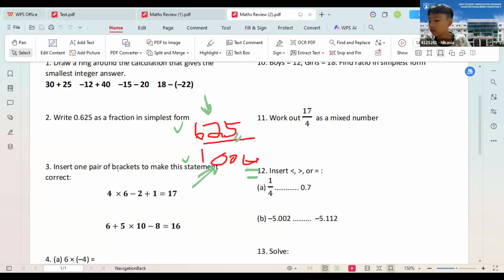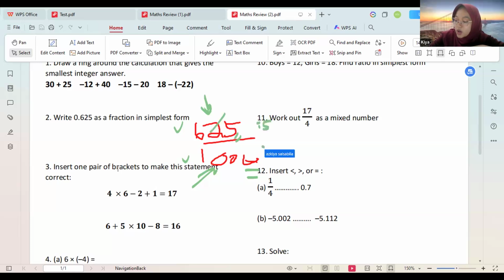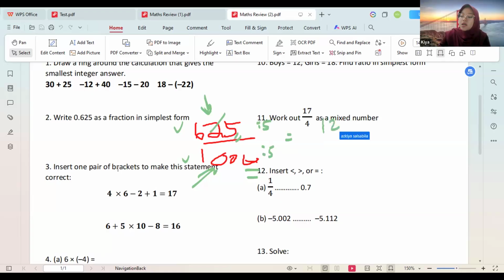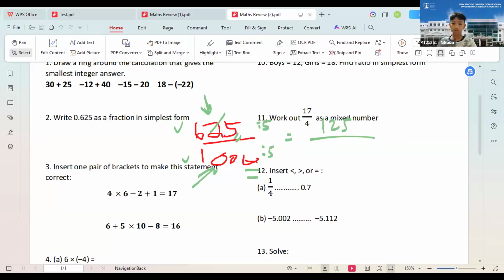Okay, if I divide all the numbers by 5, 625 divided by 5 is 125, and 1000 divided by 5 is 200.